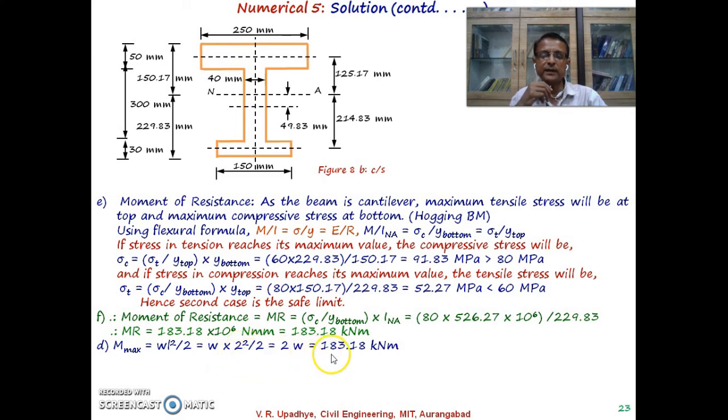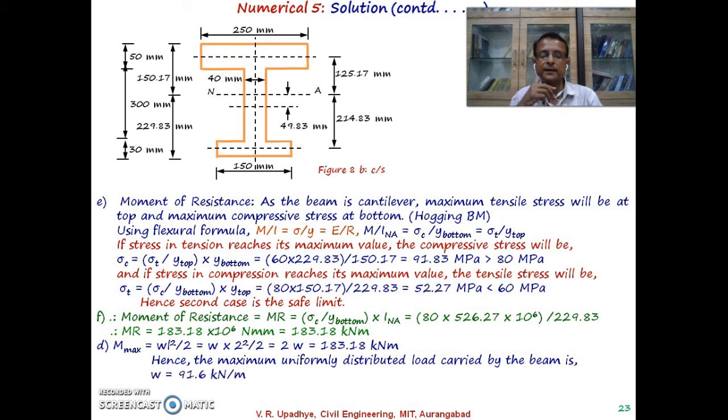So 2W is equal to 183.18 kilonewton meter, that is the moment of resistance. So the maximum UDL that can be carried with given permissible stresses in compression and tension, and with the given cross section of that beam, can be calculated as the maximum uniformly distributed load carried by the beam, W is equal to 91.6 kilonewton meter. So that is the numerical.